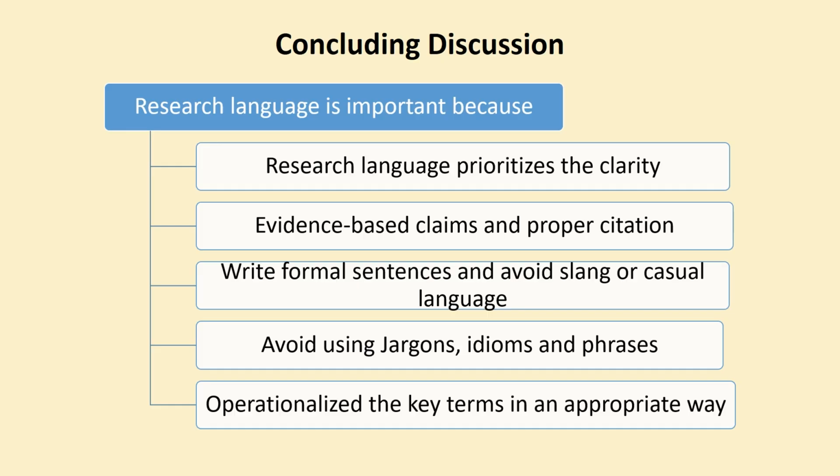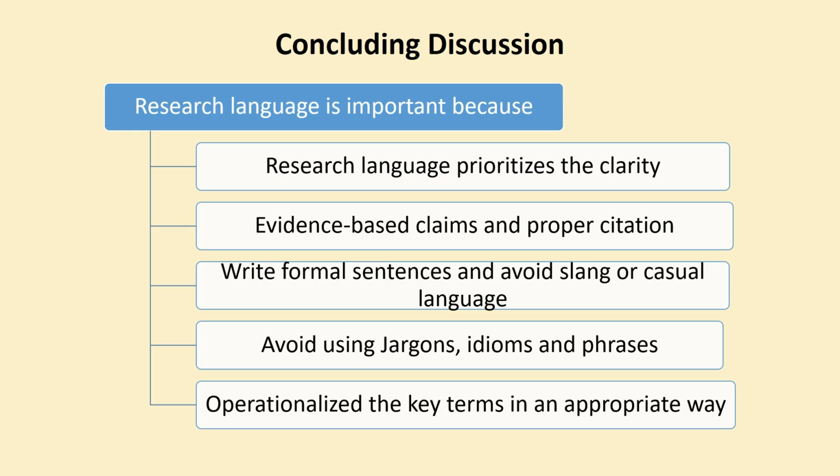Next is write formal sentences and avoid slang and casual language. I have already discussed this. Please avoid slang or casual language. It will decrease the effectiveness, because what you write reflects your personality and sincerity also. So be very immaculate, precise and professional with your sentences.